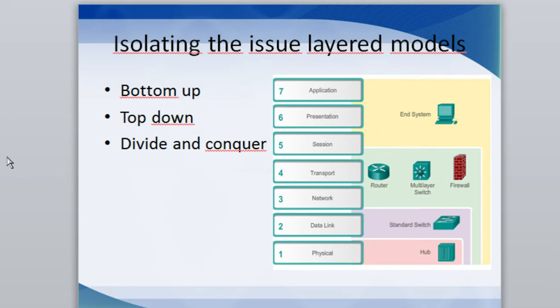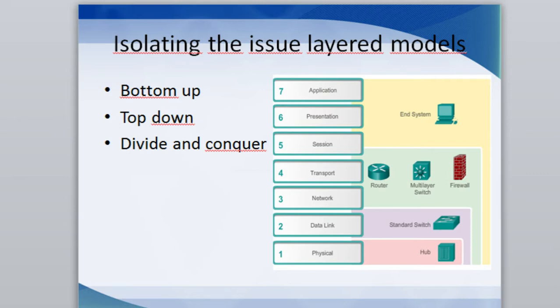There is also another type of approach that I didn't write here, but this approach is recommended only for experienced network administrators. Not because it is very hard to do, but the contrary. You need a lot of experience to do this type of approach.